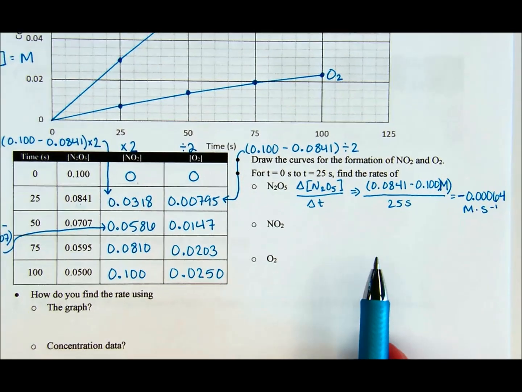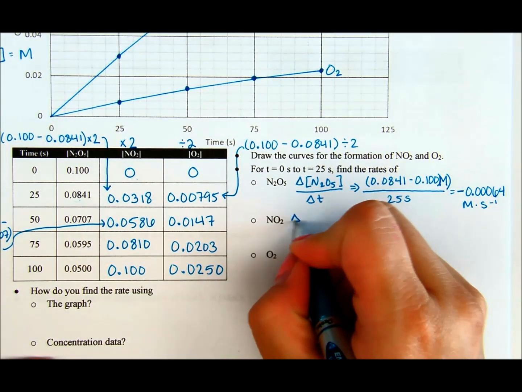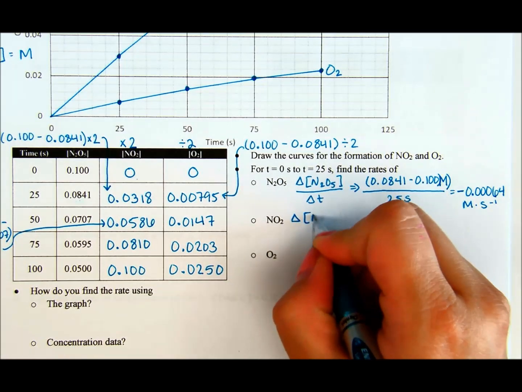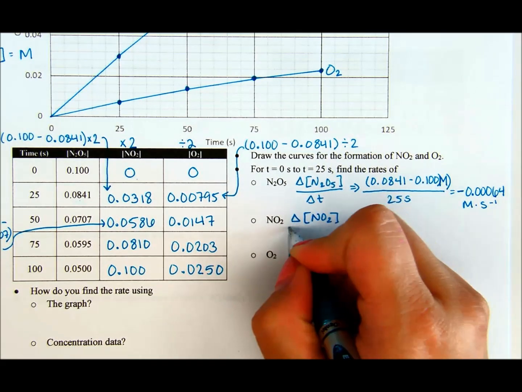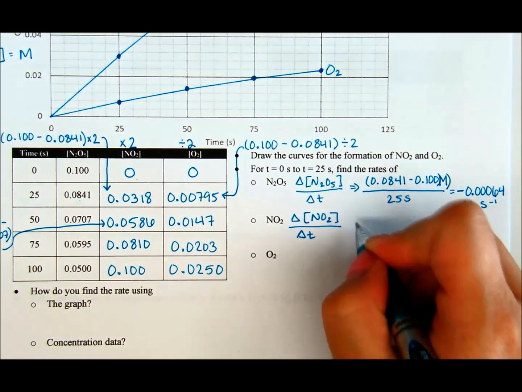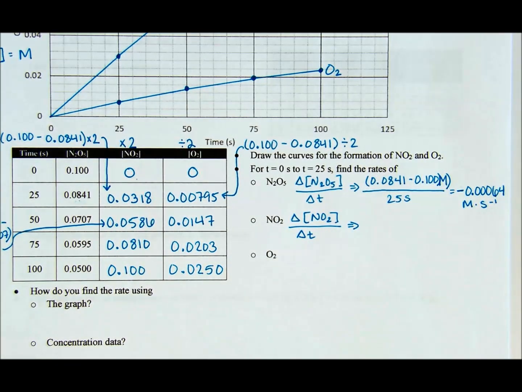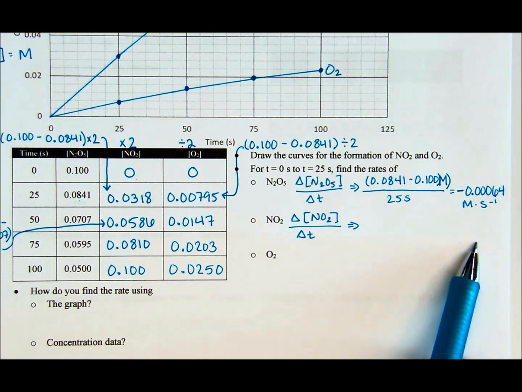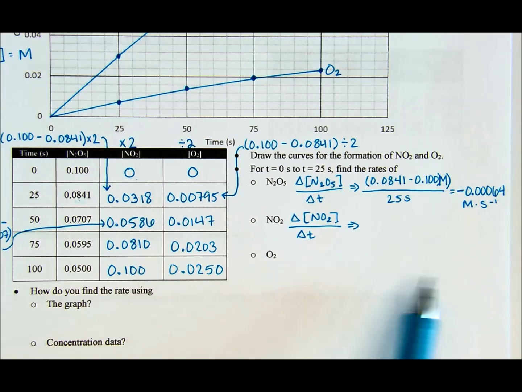Okay, so let's do the next one, NO2. So the change in NO2 over change in time. I want you guys to go ahead and pause the video, finish NO2, and then also try O2 on your own and see what you get.